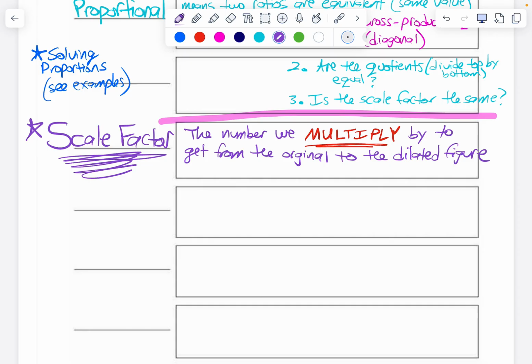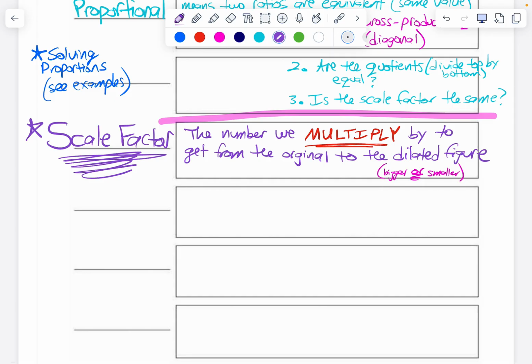Like, has anyone had their eyes dilated at an eye doctor? They put drops in your eyes that make your pupil get really big. But in math it also means smaller. So maybe we'll just make sure that's clear. Dilated: bigger or smaller.